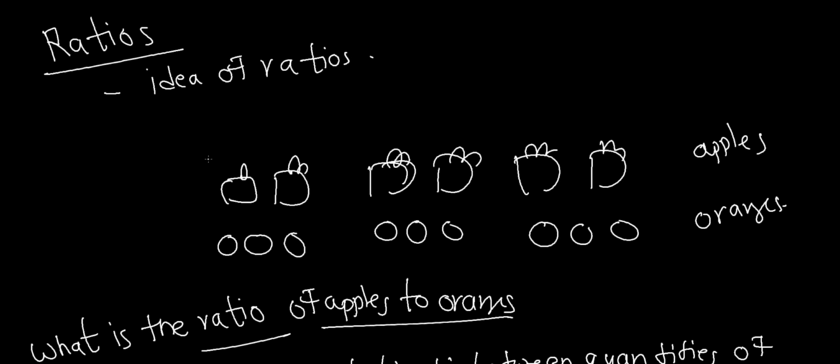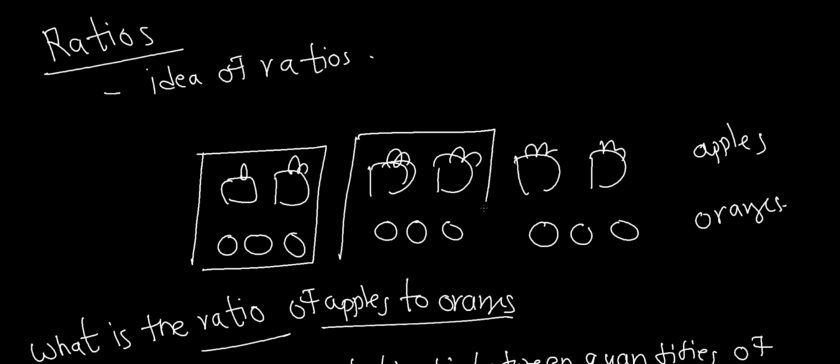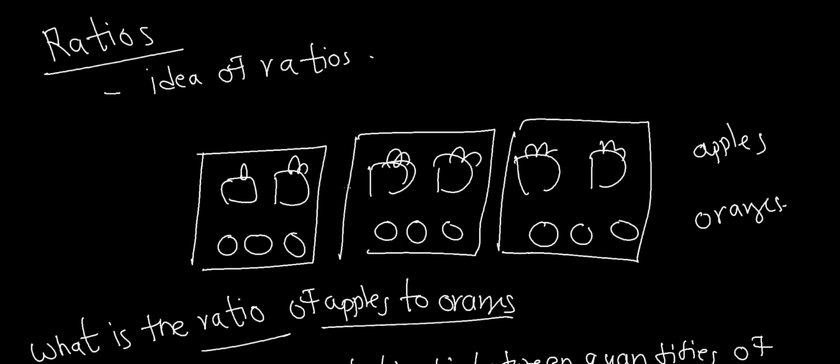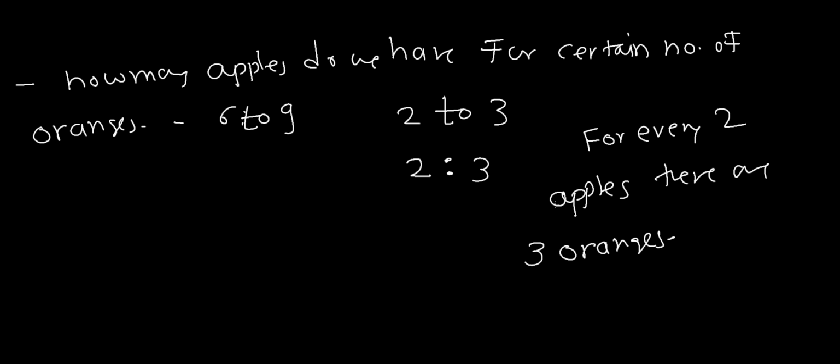So if we group this set into 3, let's say 1, 2, then 3. So here for every 2 apples there are 3 oranges. For every 2 apples 3 oranges. So that way this ratio becomes clear. For every 2 apples there are 3 oranges.